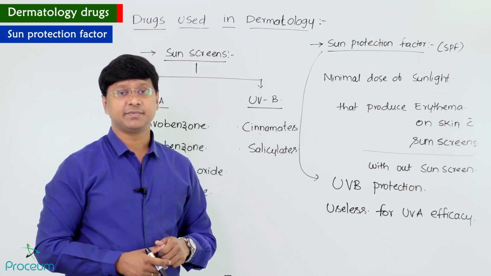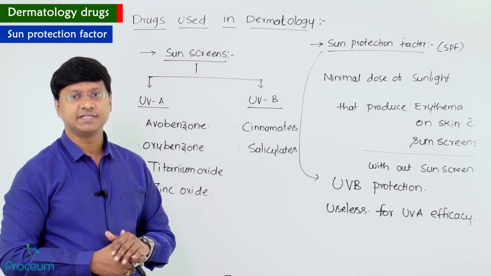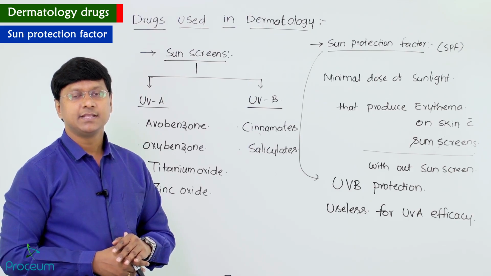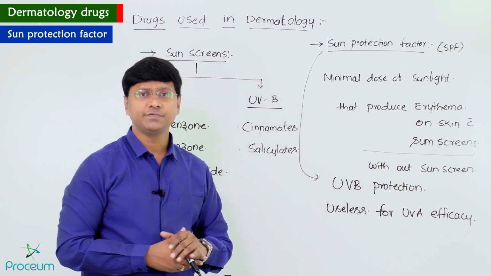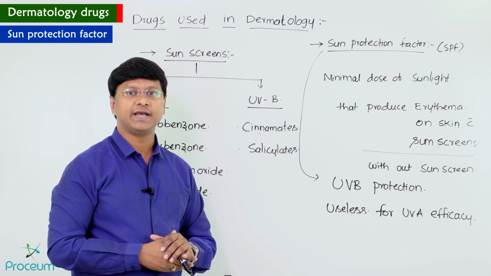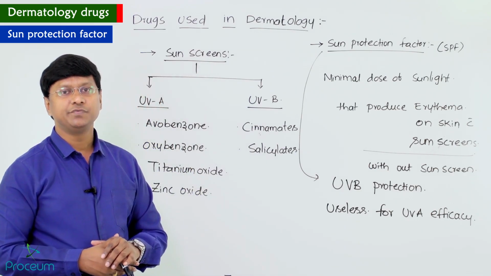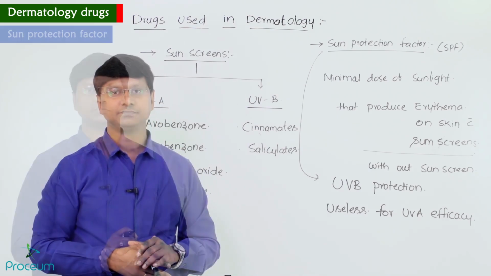The efficacy is determined by the sun protection factor, which defines the ratio of the minimal dose of sunlight that produces erythema on the skin with sunscreens to that without sunscreens. It provides valuable information regarding UVB protection, but is useless for UVA efficacy.